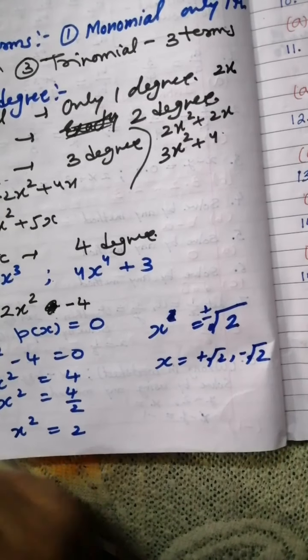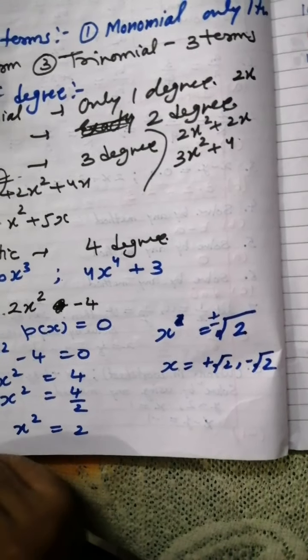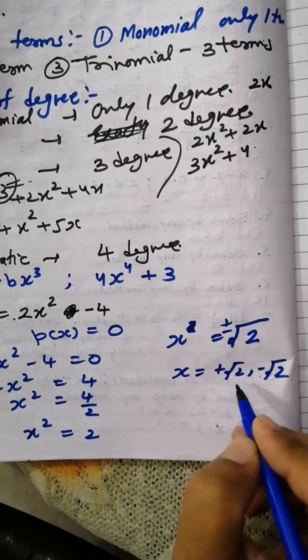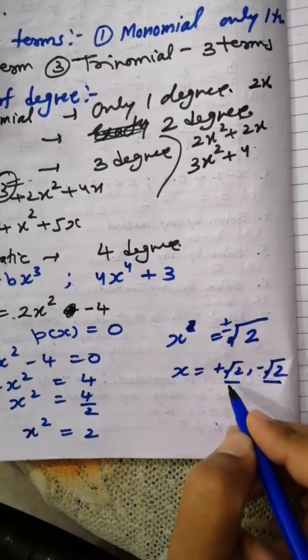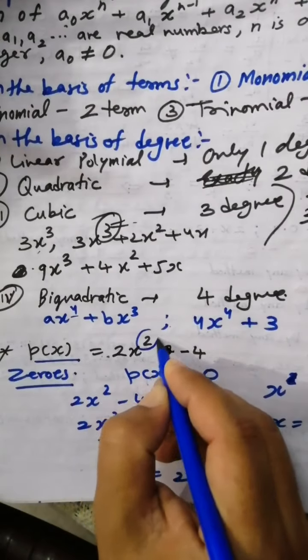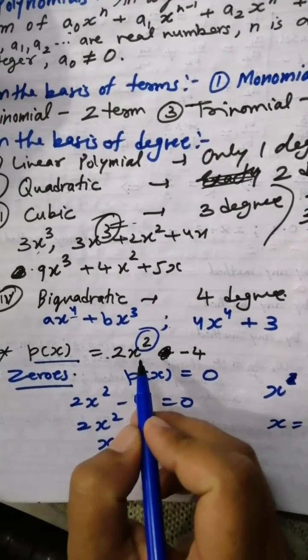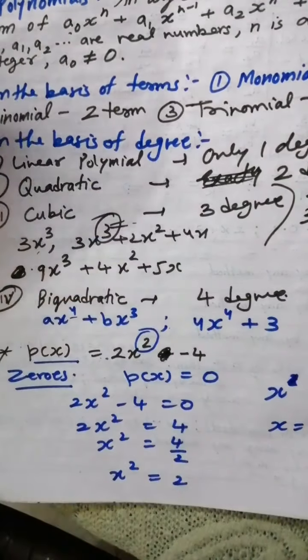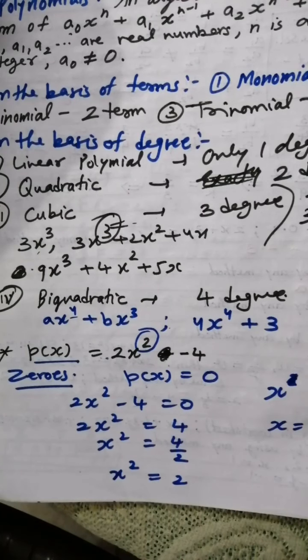That is the answer. So dear students, here there are two values of x: one is root 2 and second is minus root 2. And you can see this polynomial has degree 2. So we can say the number of degrees is always equal to the number of zeros.